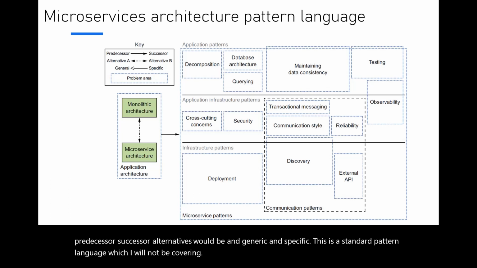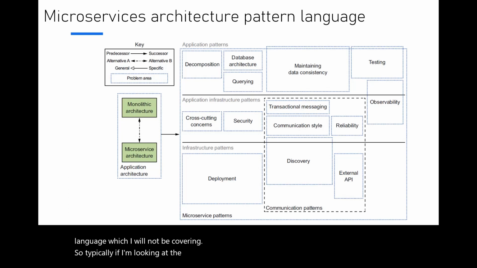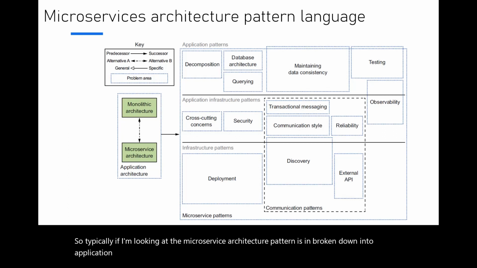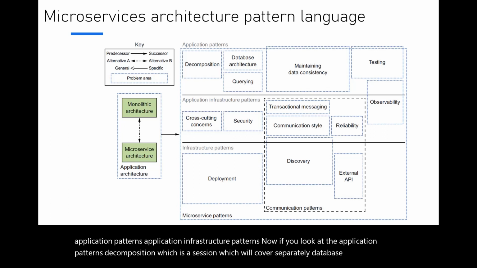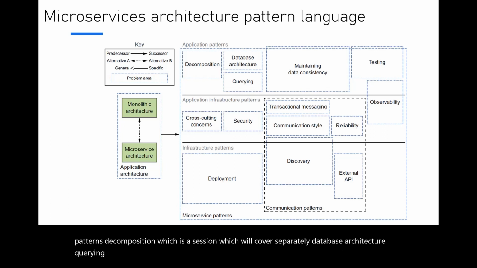Typically, the microservice architecture pattern language is broken down into application patterns, application infrastructure patterns, and infrastructure patterns. The application patterns include decomposition, which is a session we'll cover separately, database architecture, querying, maintaining data consistency, and testing.